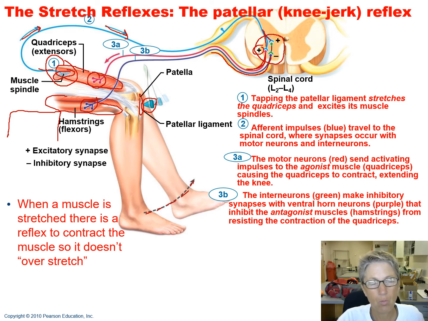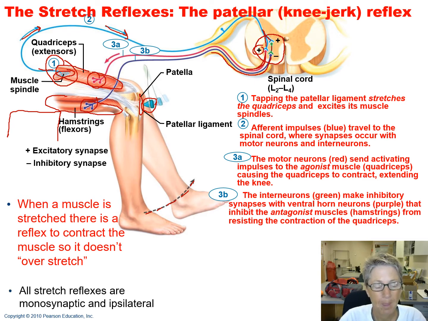So when you stretch your muscle, you have this natural reflex to contract the muscle that got stretched so that you don't overstretch it. And then I tell you down here, this bullet at the bottom, all stretch reflexes are monosynaptic and ipsilateral.